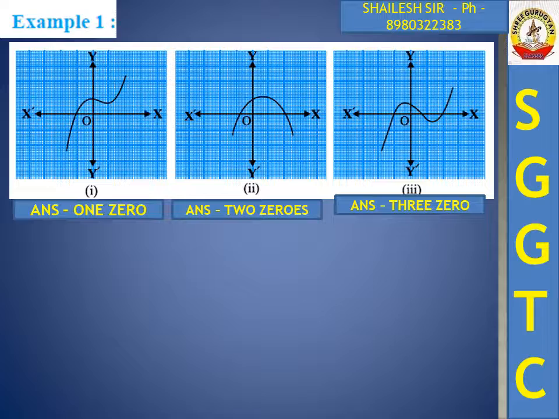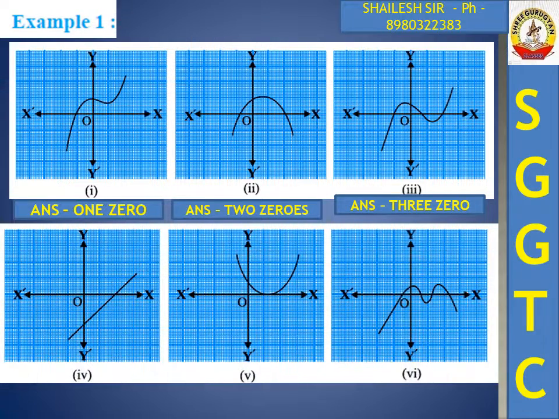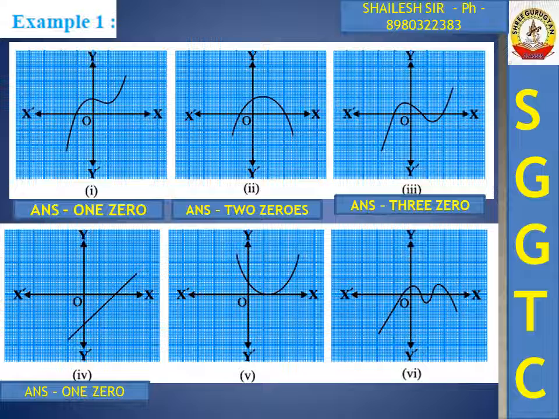Example 1 continued. One more three figures. See figure number 4. This line intersects the x-axis at only one point. That's why my answer is 1 zero. In figure number 5, the parabolic curve intersects the x-axis at only one point.